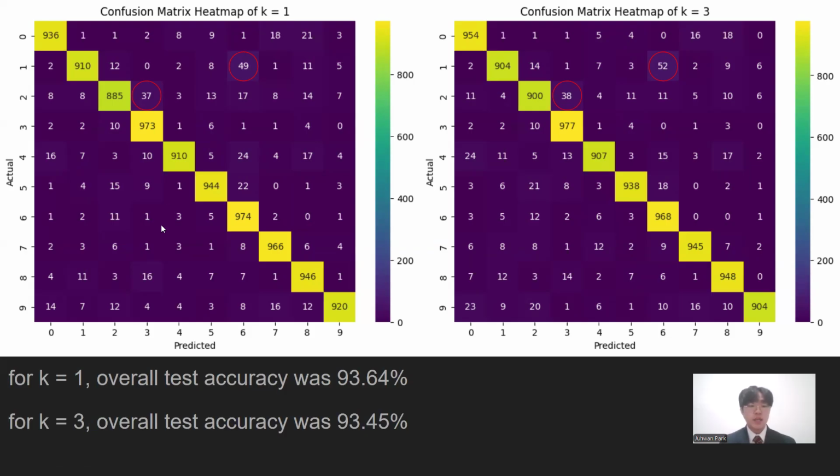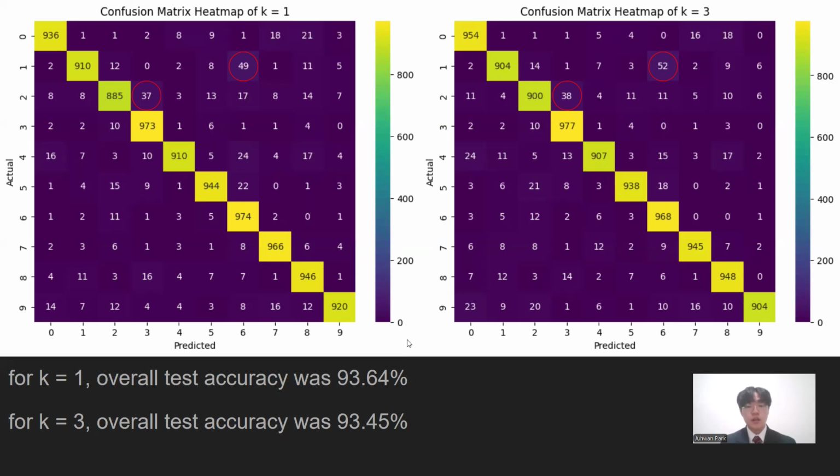Some things we can note is that the model misclassified a couple of examples, such as images with class 2 had a tendency to be misclassified as class 3, and some images of class 1 were misclassified as class 6.